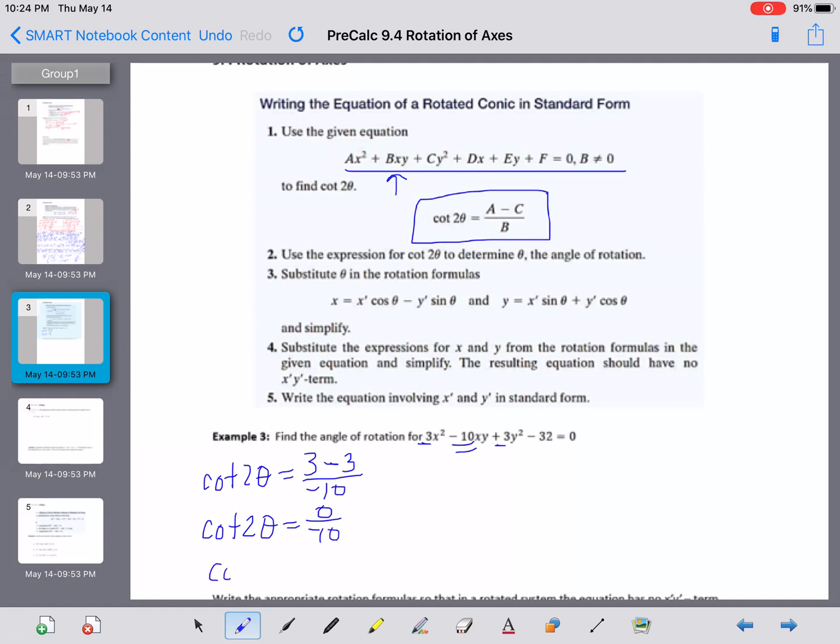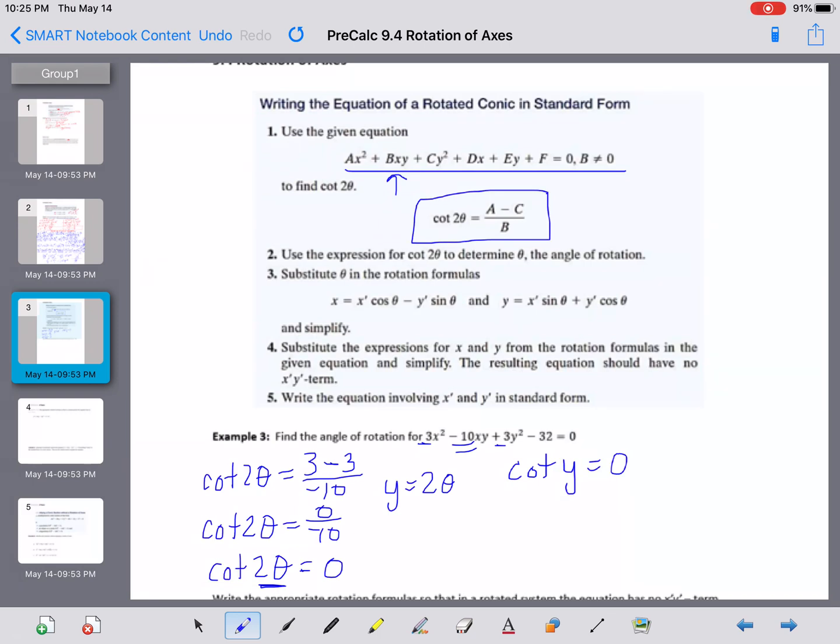Okay, so this is where we take a step back. We did this back in chapter 5. We say, okay, cotangent of 2 theta, okay? So remember, we can't always solve when it's there. So I'm going to do a little substitution. I'm going to say y equals 2 theta, and I'm going to say cotangent of y equals 0. So I'm asking myself, where on my unit circle is my cotangent 0, okay?